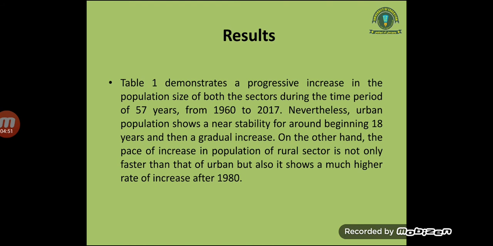On the other hand, the pace of increase in population of the rural sector is not only faster than that of urban, but also it shows a much higher rate of increase after the 1980s.